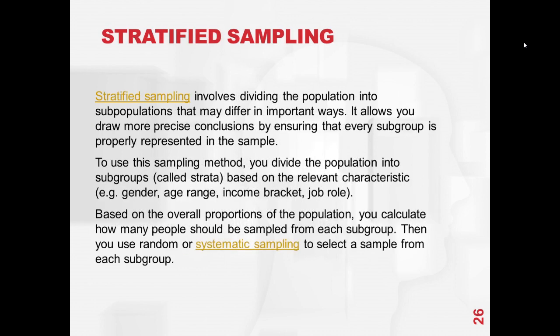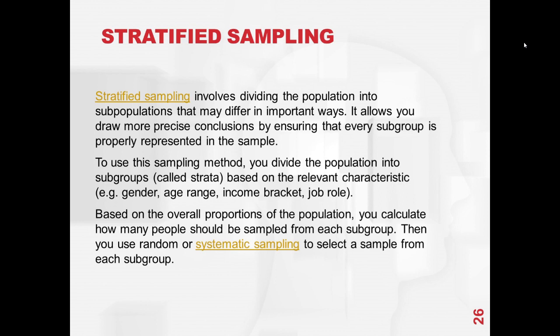Stratified sampling involves dividing the population into subpopulations that may differ in important ways. It allows you to draw more precise conclusions by ensuring that every subgroup is properly represented in the sample. To use this sampling method, you divide the population into subgroups called strata, based on their relevant characteristic, for example, gender, age range, income bracket, or job.